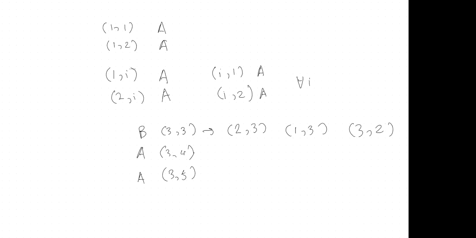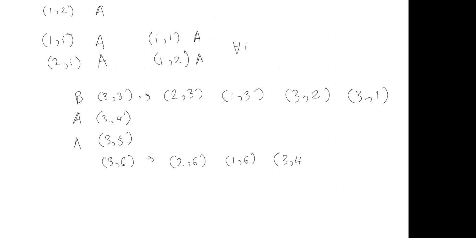But what about (3, 6)? Again, we're faced with the same situation as with (3, 3). All of these positions you see are winning for the first player, which makes this losing for the first player. Do you sort of see the pattern?